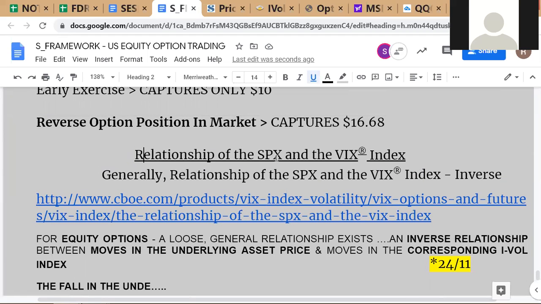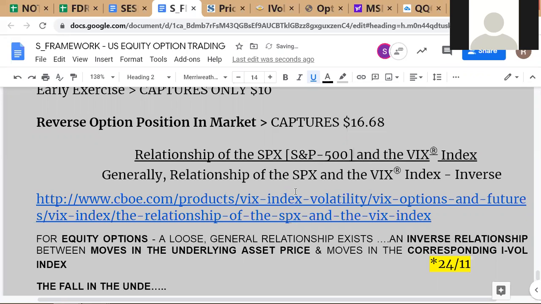The subtopic was the relationship of the SPX and the VIX index. SPX is referring to the S&P 500 index. I'm not going to write index, you have to understand that as index, because it will take up too much space here.